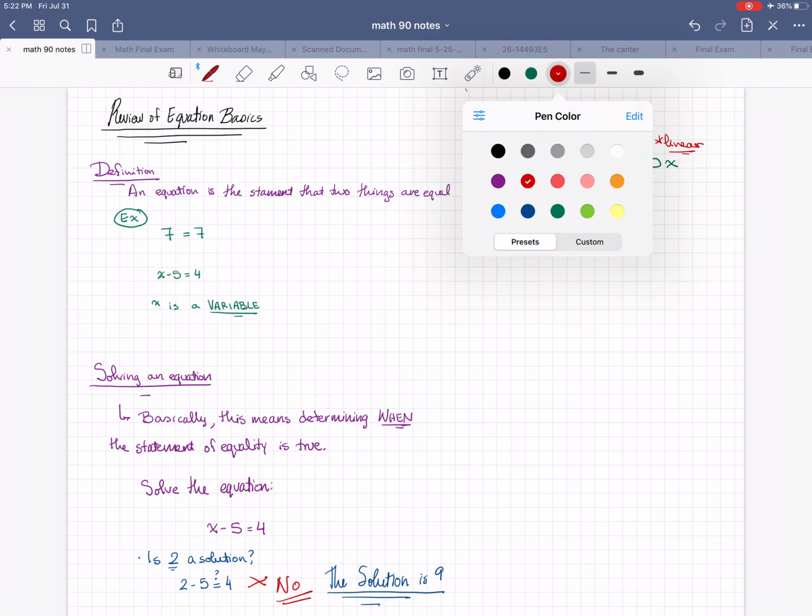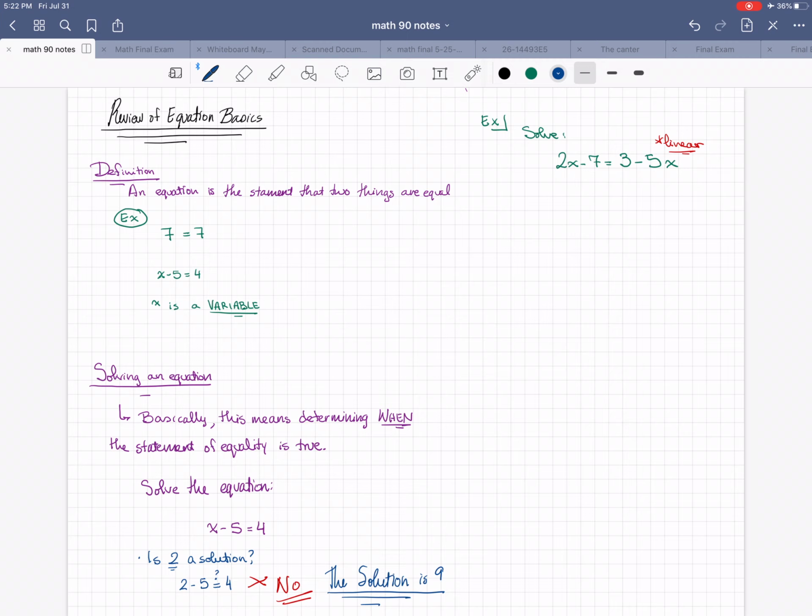But it's harder, right? It's not quite as easy as thinking about what number you would take away 5 from and end up with 4, like we did in the last example. So just to keep this idea going, is negative 3 a solution, right?